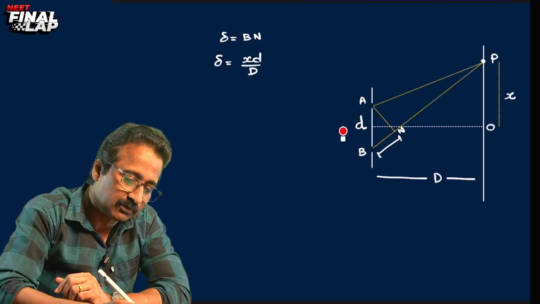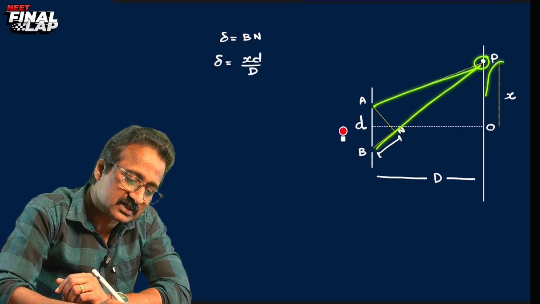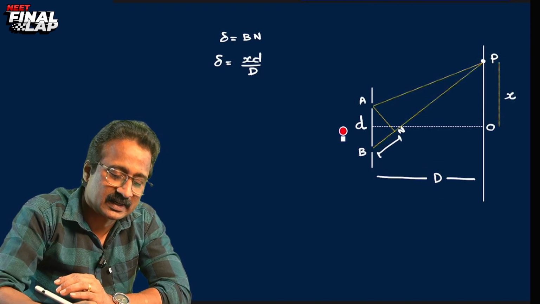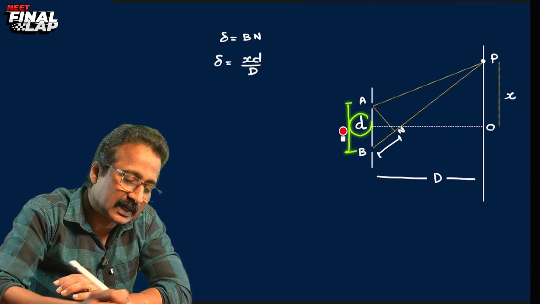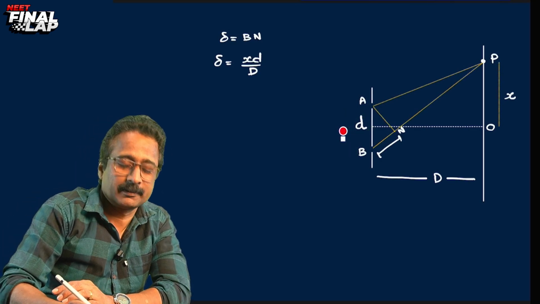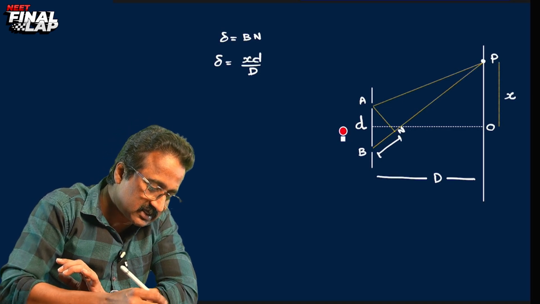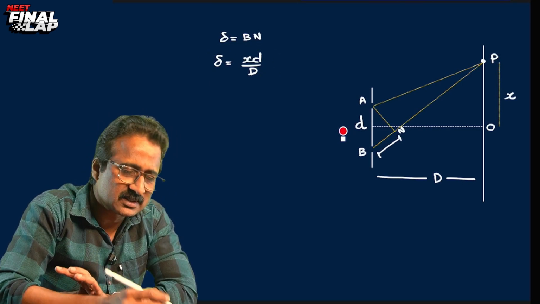If we need to study the path difference of light reaching this point, then this distance is x. The screen distance is capital D, and the slit separation, that means the gap between A and B, is small d. Now what I have given you is an expression for path difference. But remember, this result is not accurate, because it's a result of certain approximations.